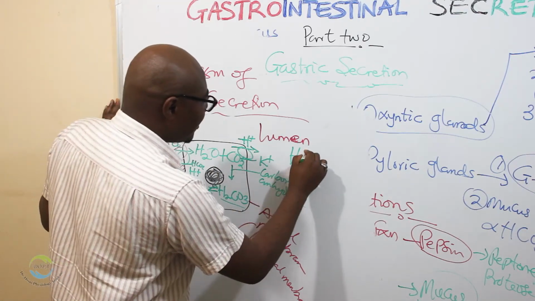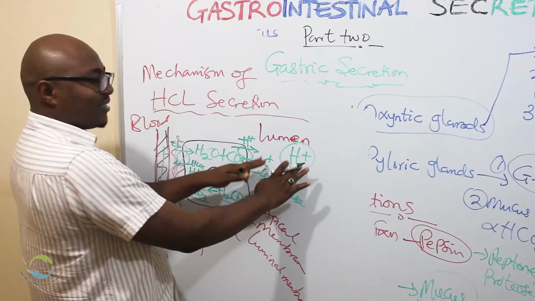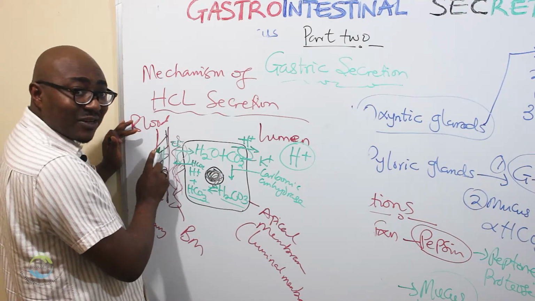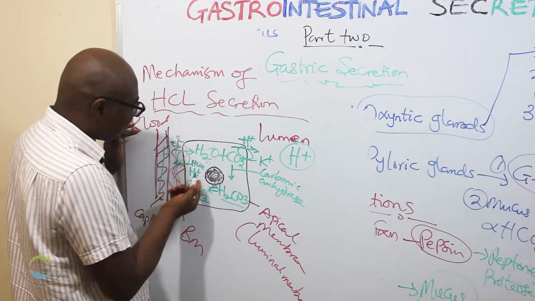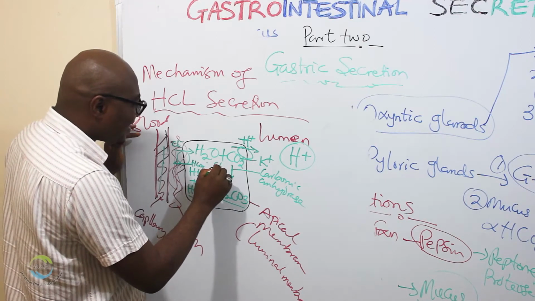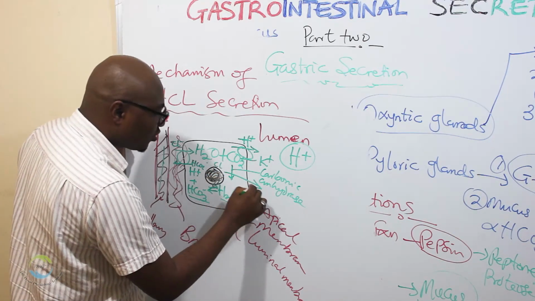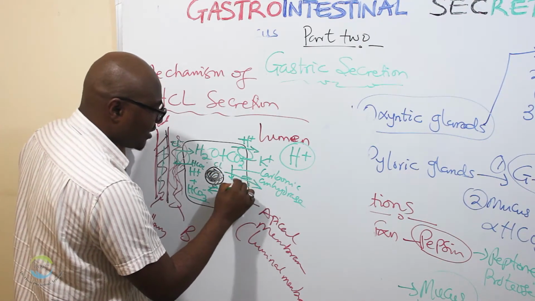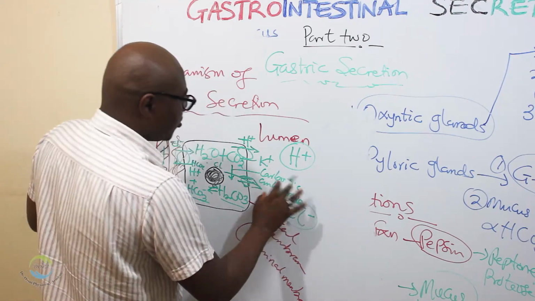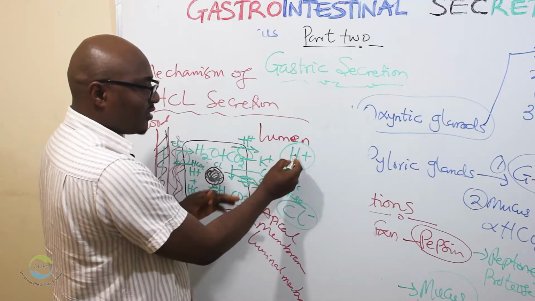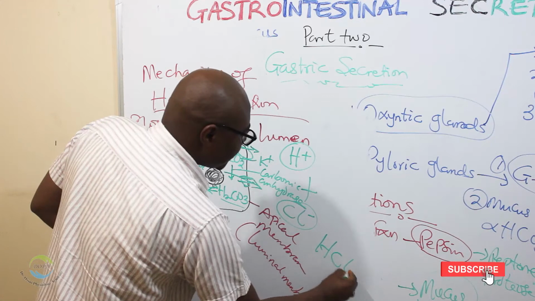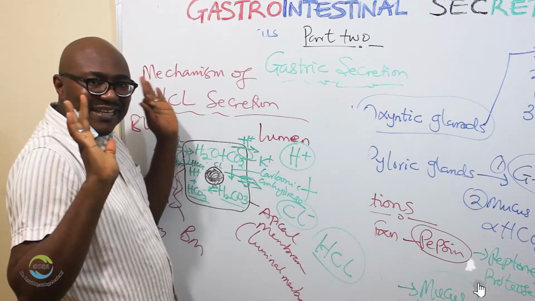So hydrogen is now in the lumen. So the chloride will come from the blood, enter into the cell, bicarbonate enters into the blood, exchange. Then the chloride will enter the lumen through chloride channels. And you now have a lot of chloride, you have a lot of hydrogen, which mix together to give you HCl. That is how it happens.